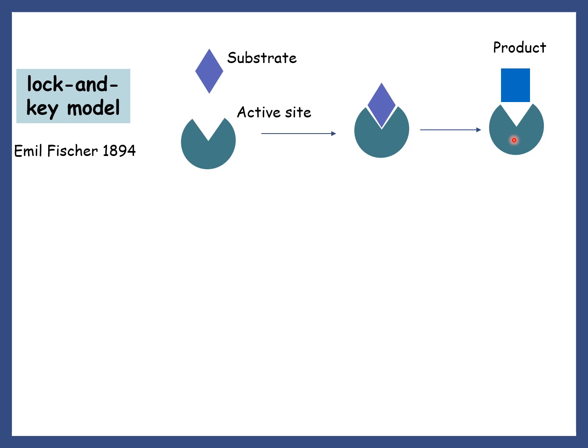So the active site has a certain conformation which is complementary to the structure of the substrate, and upon the binding of the substrate it doesn't change. It's just fixed structures and both fit into each other like a lock and key.